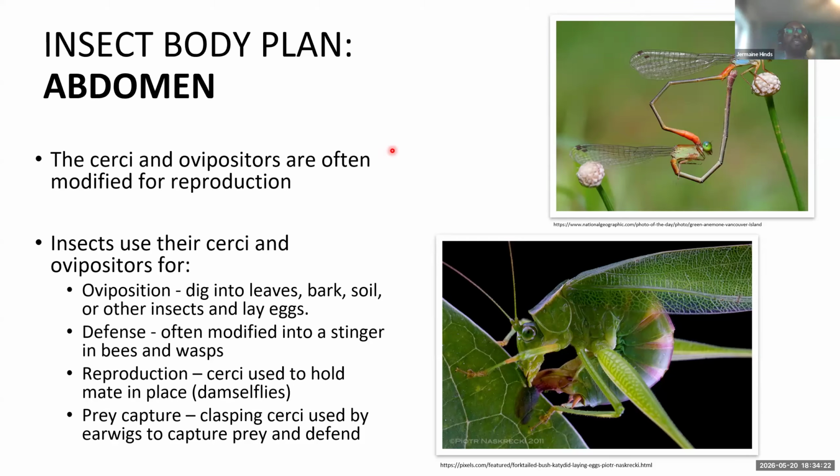This shows how the cerci or ovipositor, the abdominal appendages, can be used in mating, placing eggs, defense, things like that. Prey capture: earwigs have these clasping cerci that are used to capture prey or defend themselves.